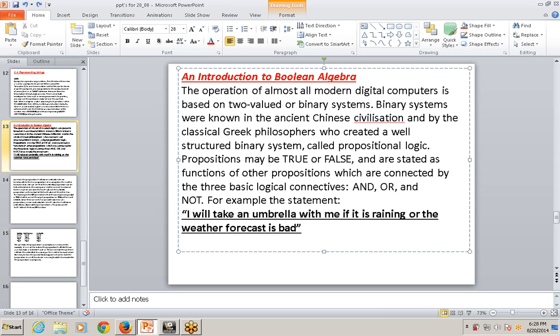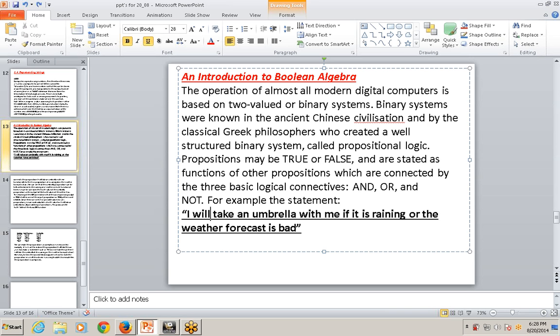And if I want to reverse the number, that is done by the NOT. So this algebra, Boolean algebra, contains three parts, that is AND, OR, NOT. AND is used for multiplication and denoted by the dot operator. OR is used for addition and denoted by the plus operator, and NOT is used for reversing the digit and denoted by the complement operator.